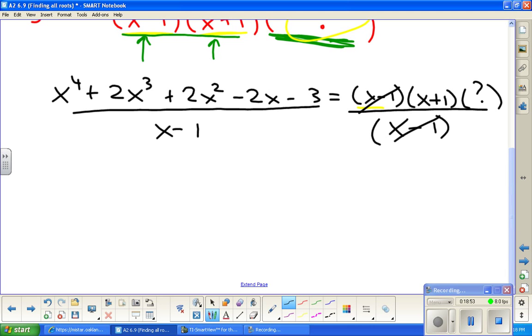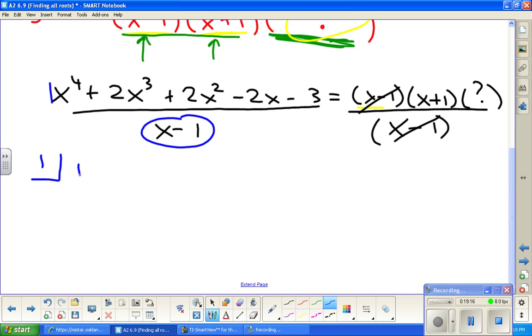We're going to do this synthetically. Much, much easier. If you want to do long division, go for it, but synthetically is kind of a lot quicker. So how would we divide synthetically? If we're dividing by this, what goes in the box? Remember, the 1 goes in the box. Then list the coefficients, right?